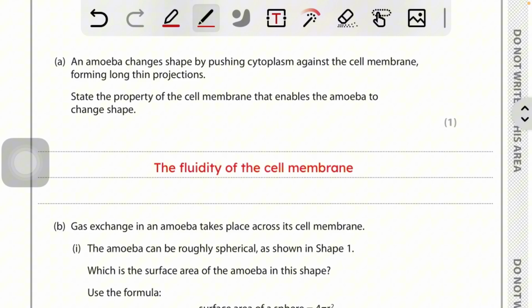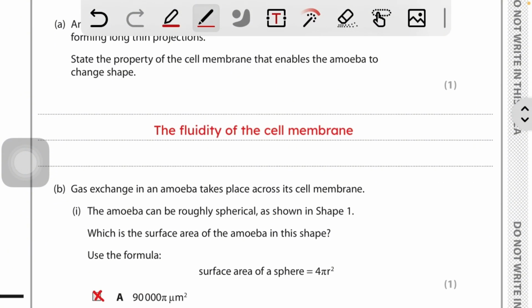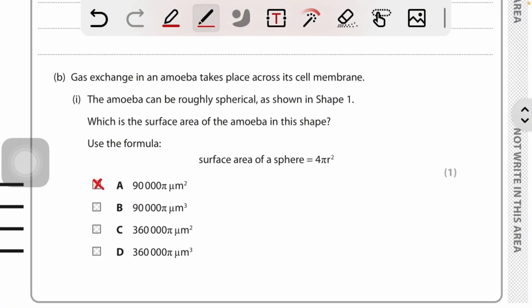Let's move on to the next question. B. Gas exchange in an amoeba takes place across its cell membrane. The amoeba can be roughly spherical as shown in shape 1. Calculate the surface area of the amoeba in this shape.